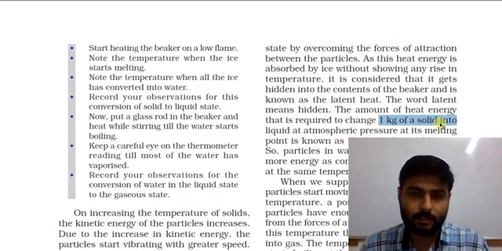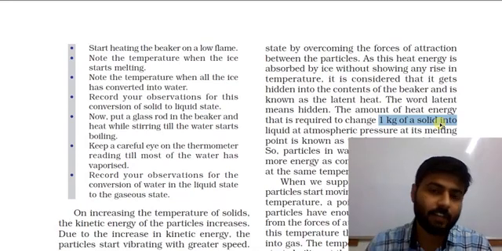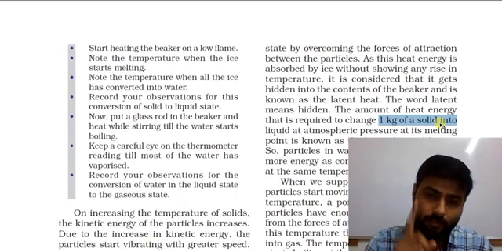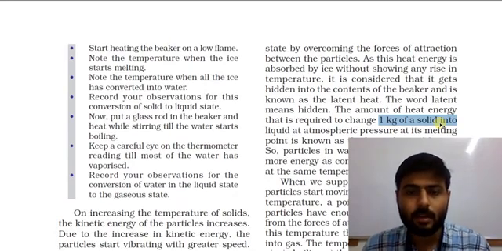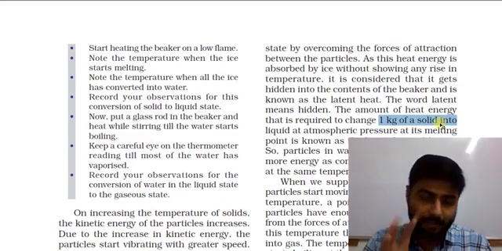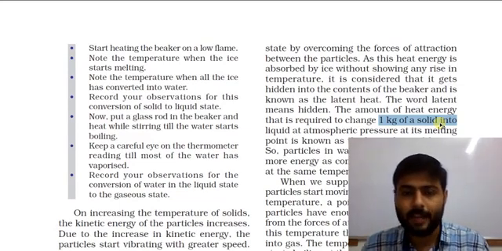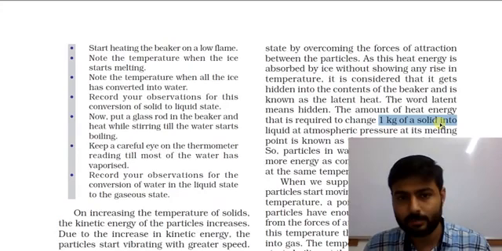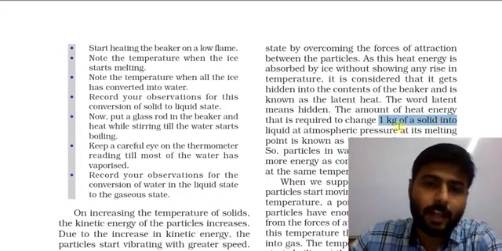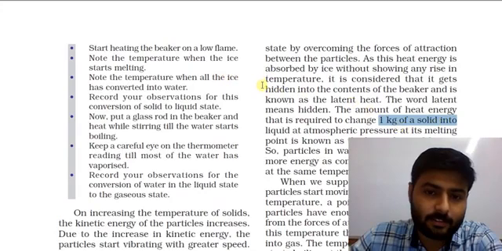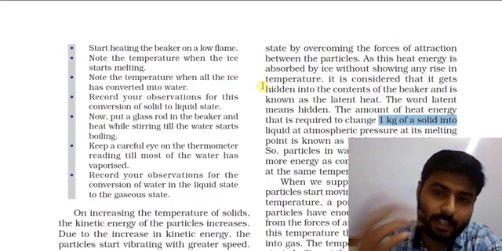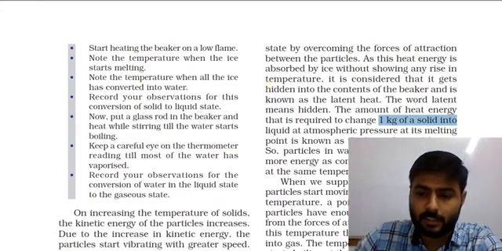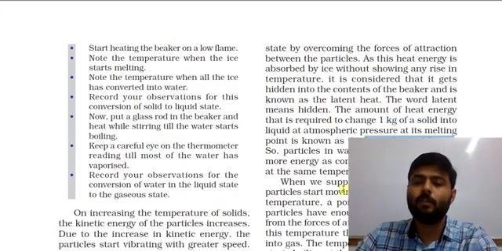So here we have noticed three keywords: the quantity of matter is 1 kg, the required pressure is atmospheric pressure, and the required temperature is the melting point temperature. The latent heat required to convert solid to liquid is related to fusion, so we call this latent heat of fusion.